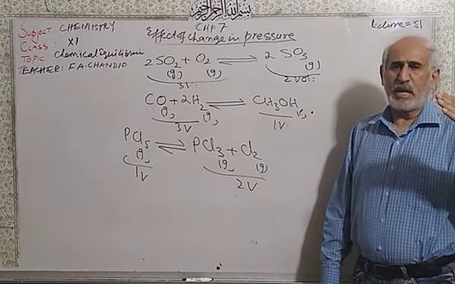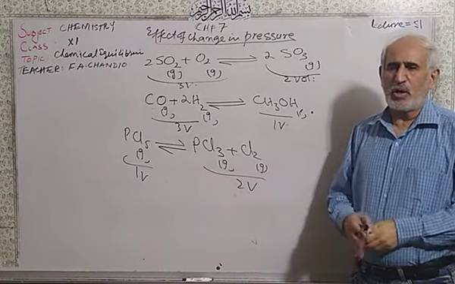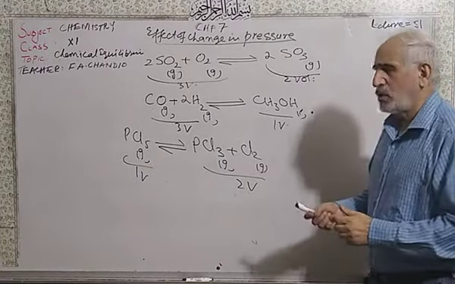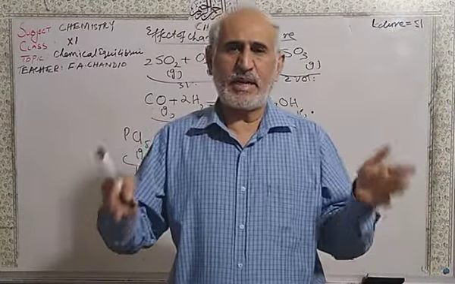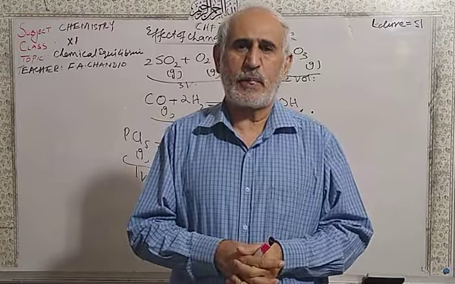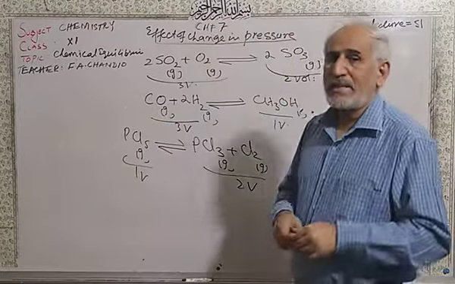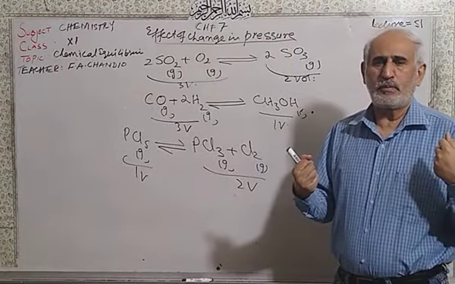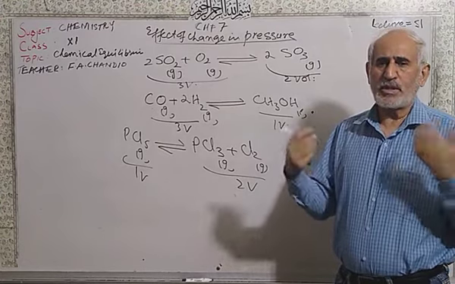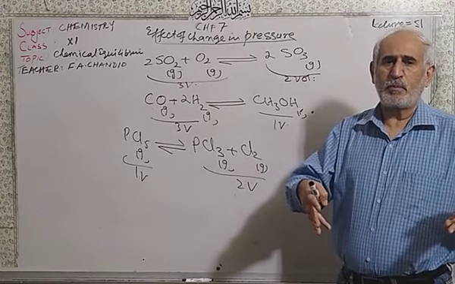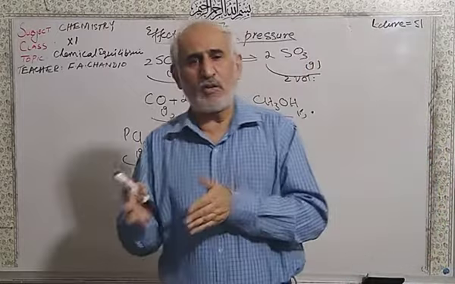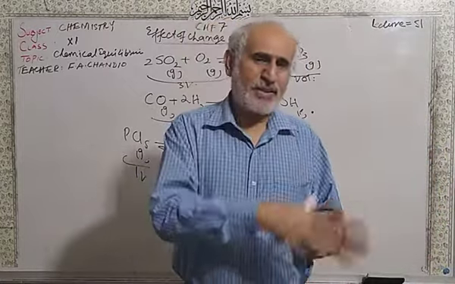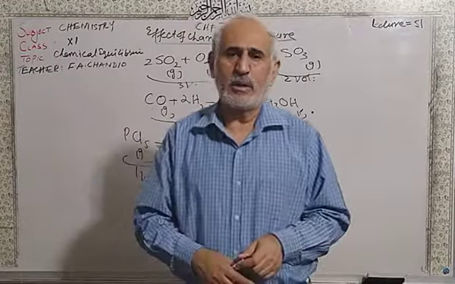And there is one thing I am telling you, which is given in the book also. You have heard about exothermic reactions and endothermic reactions. Endothermic means heat is absorbed from the surroundings into the system. And in exothermic reactions, heat is evolved from the system into the surroundings.